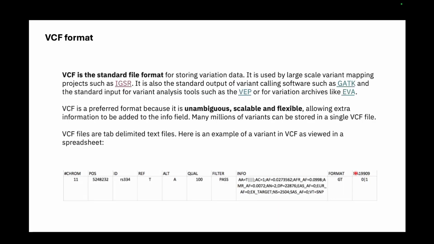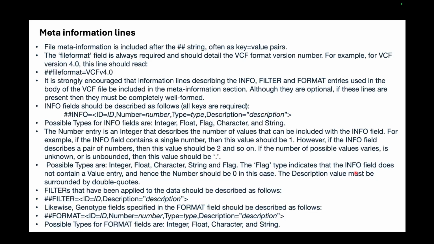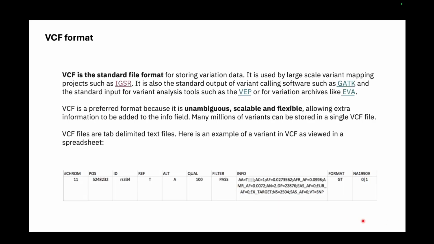So this kind of information can also be added into a VCF file. So you can merge different VCF files together and get one VCF file which will tell you all the genotypes of the variants for all the samples in one VCF file. So like that. Now inside the VCF file, you'll have firstly the meta information lines, which are the header lines, and then you'll have the columns like this.